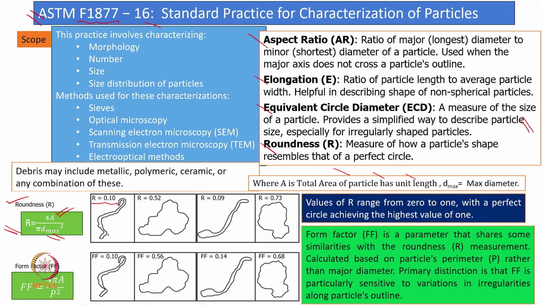So four shapes have been shown: shape 1, shape 2, shape 3, shape 4. You can see here the roundness factor R is 0.01 because this is a completely elongated one, where the elongation is happening in this manner. This other one has some length and width both, which is why it comes out roughly 50%, 0.52.